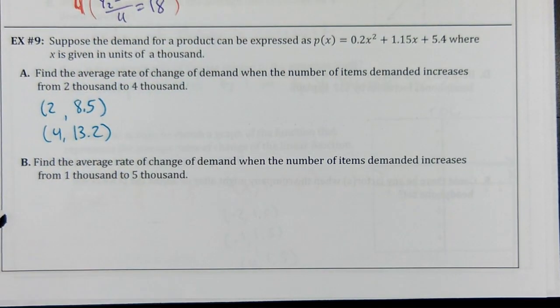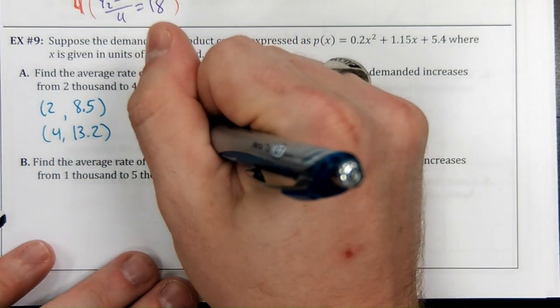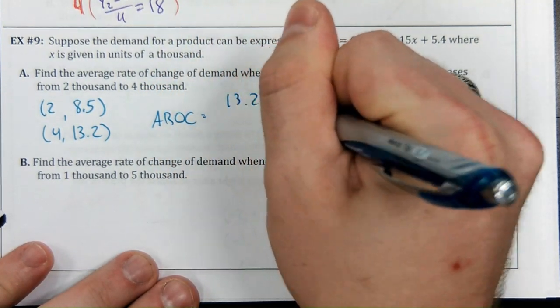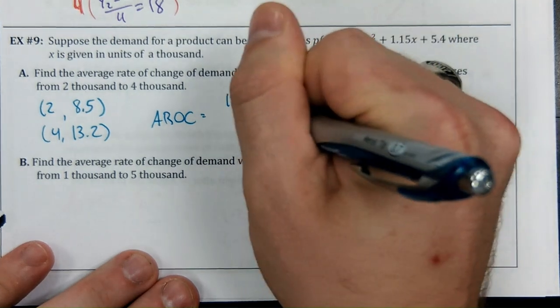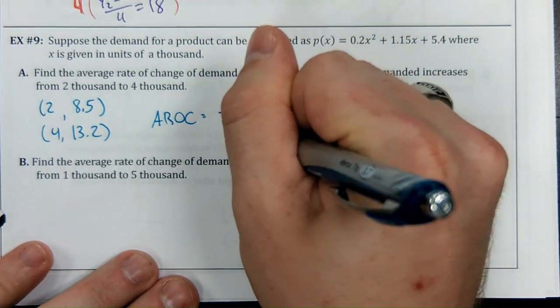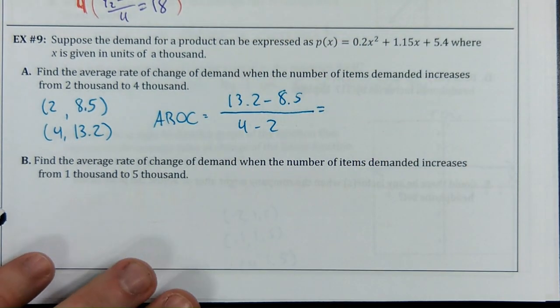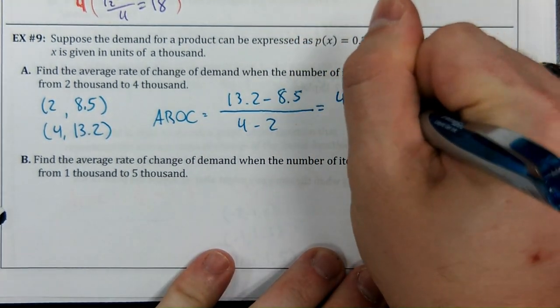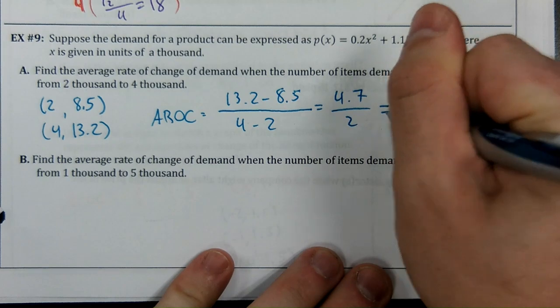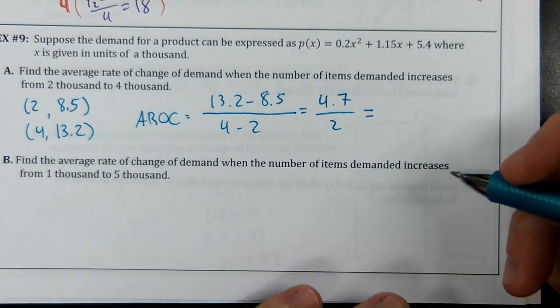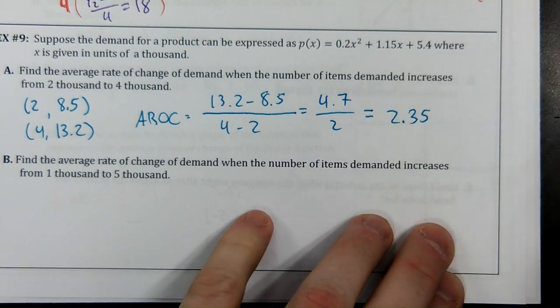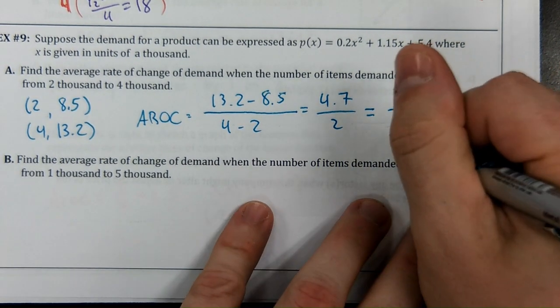Now we just find the average rate of change between those two values. Quick maths, 4.7 over 2, 2.35. And that's 1,000 units.